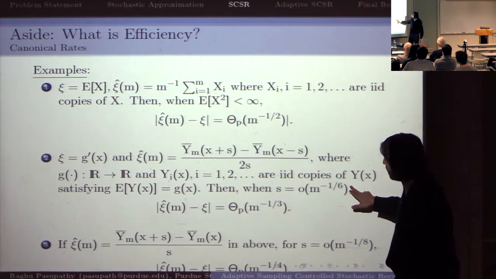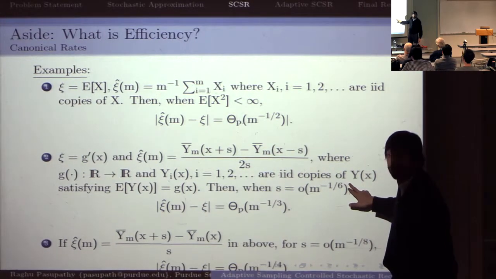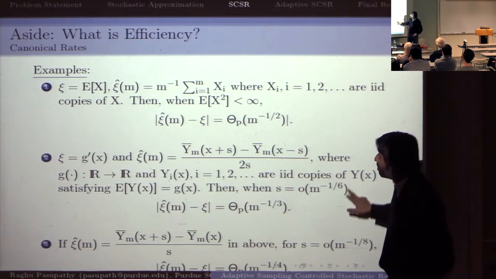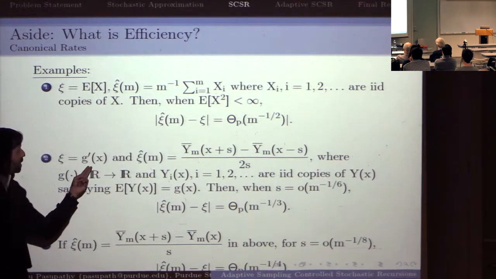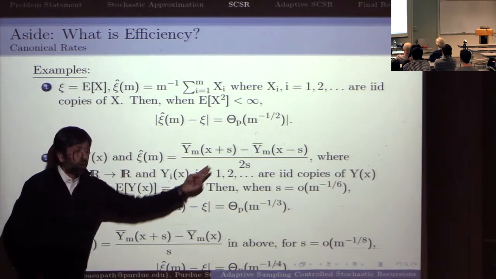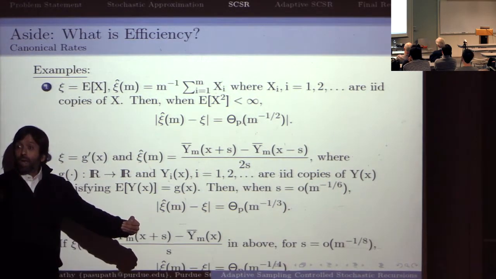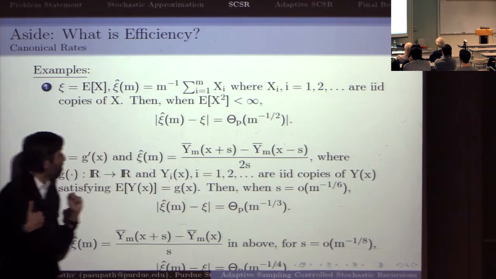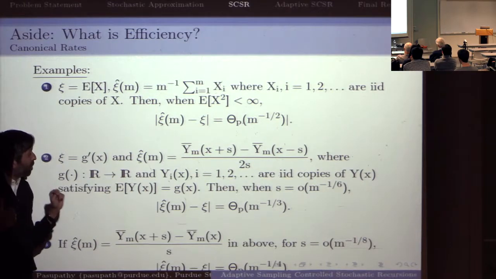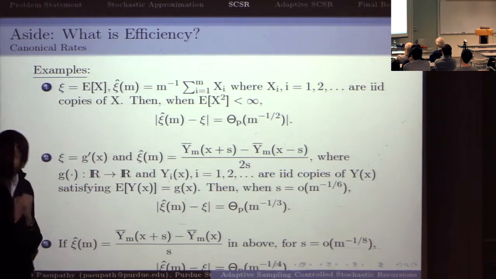What you may not have seen is what happens in the context of gradient estimation, if you ask the same question. Suppose I'm trying to estimate the gradient of a function, and the way I do it is through finite differencing. I go forward, estimate the function value, go backward, and then compute the finite difference. Now, it so happens that the amount of sampling I do and the step size should be in balance.